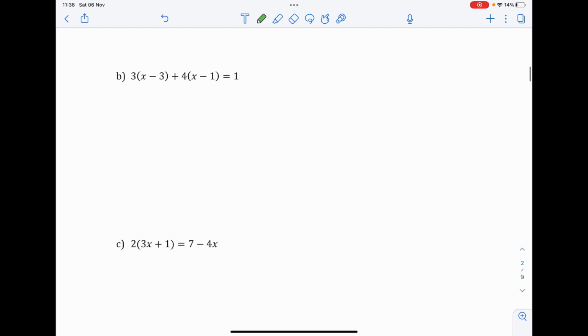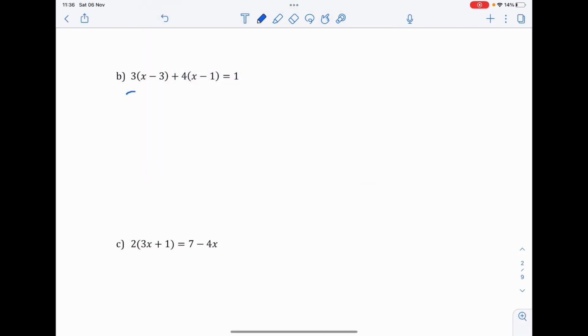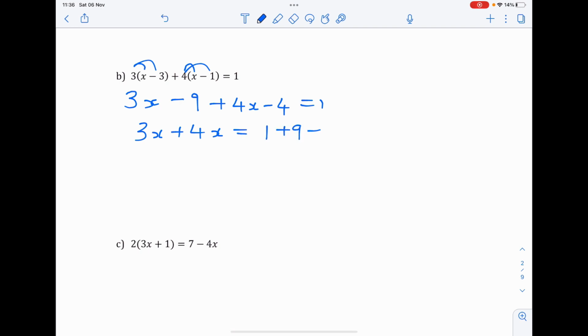Next one. So in this example, we need to get rid of the brackets first. So we'll distribute the 3, distribute the 4. 3x minus 9 plus 4x minus 4 equals 1. We'll keep the x's on this side, take everything else over. So 1 plus 9 plus 4.